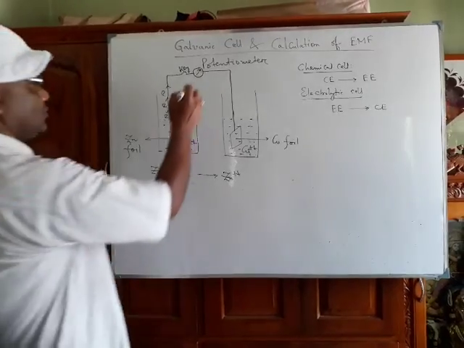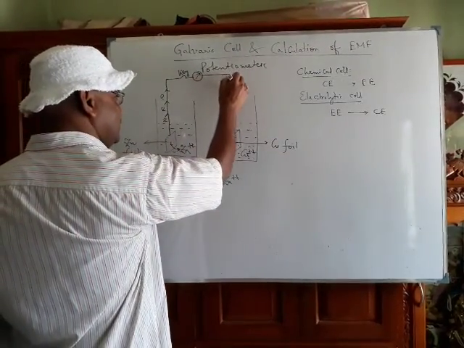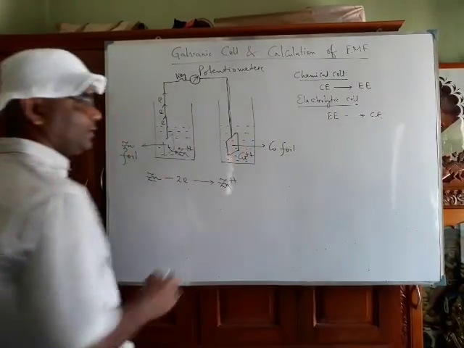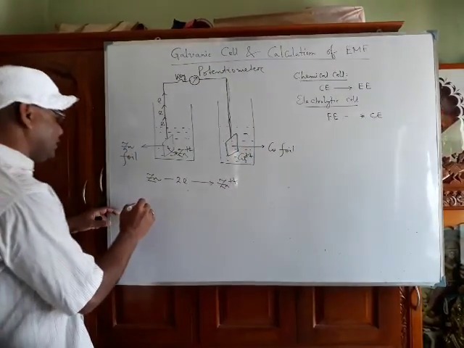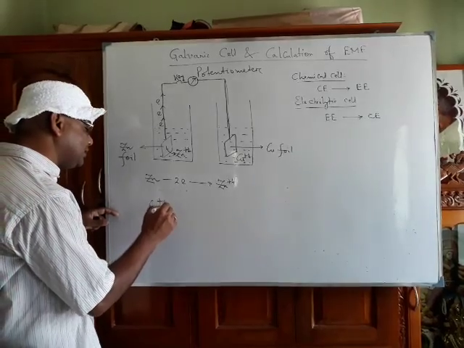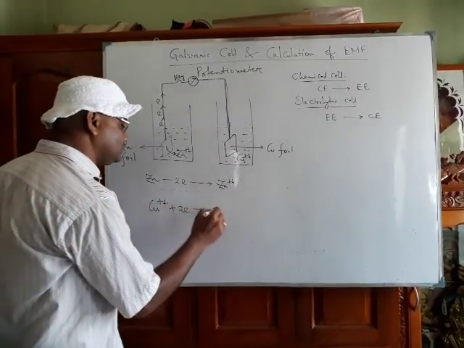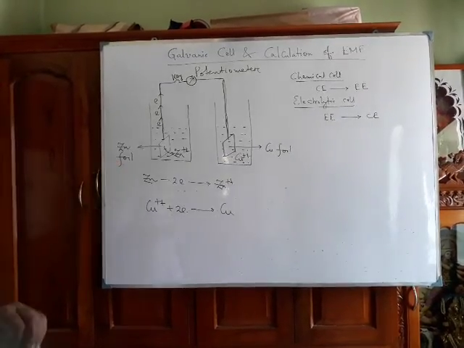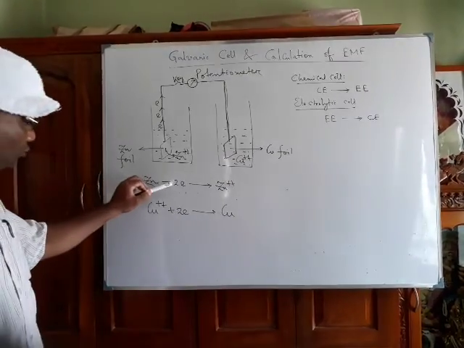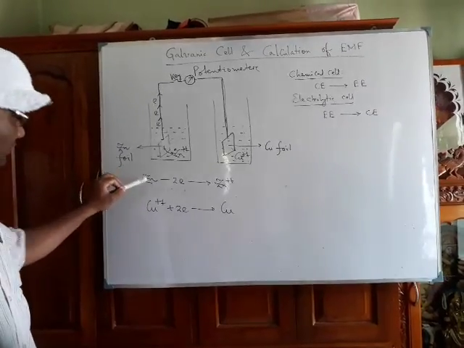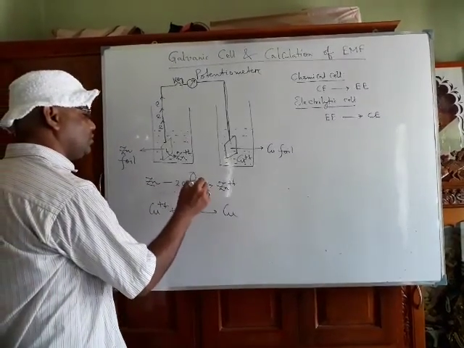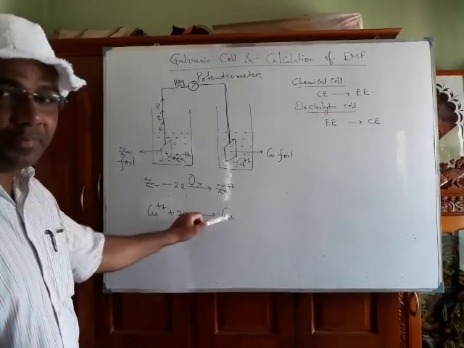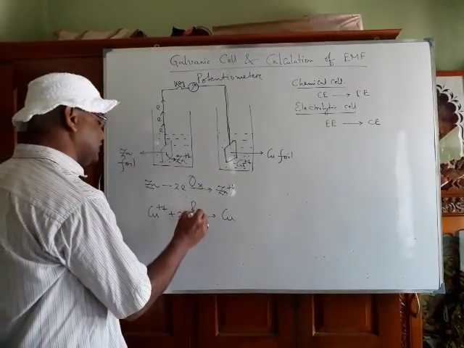Now those electrons are coming through this wire and finally reach the copper plate immersed in copper ion solution. There, copper ion by gaining 2 electrons will form copper. So look, two very interesting processes are going on here. Loss of electron occurs in the zinc foil, that's why this process is called oxidation, and copper ion is gaining electrons to form copper, that's why this process is called reduction.